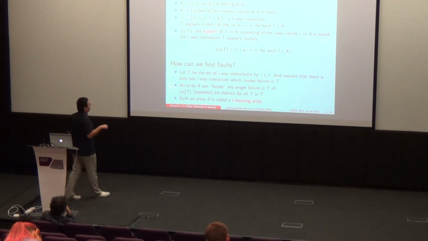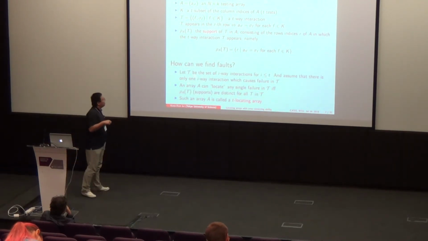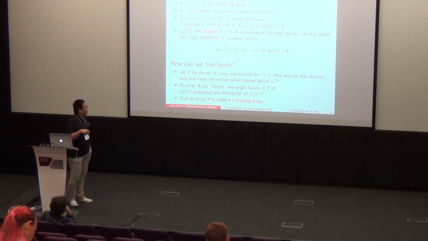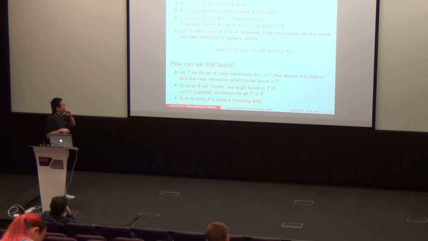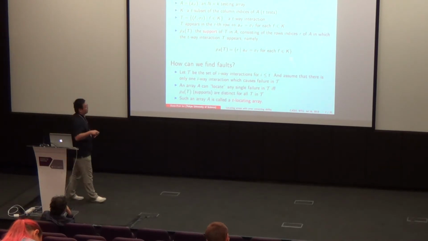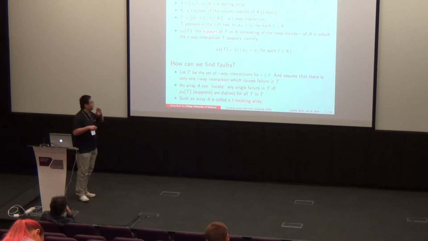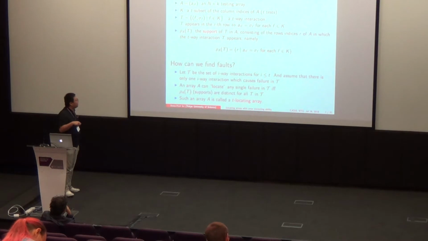So how can we find the fault? Now, first, let the script T be the set of t-way interactions, and assume that there is only one t-way interaction that causes the failure in T. Actually, there is a more general definition which considers some more interactions, and here we just assume that there is one t-way interaction.